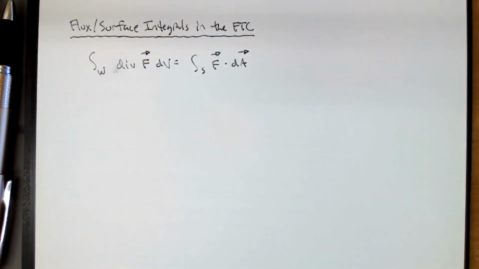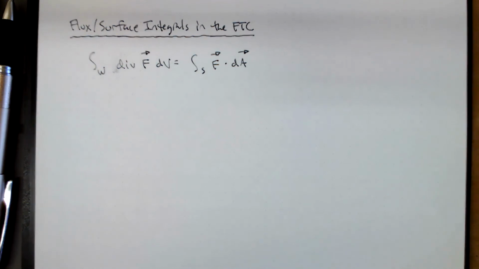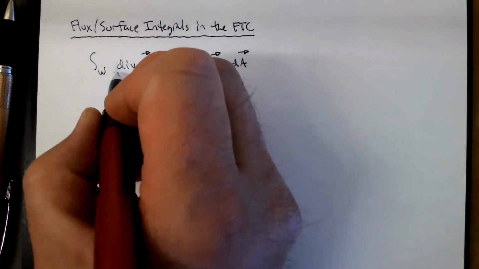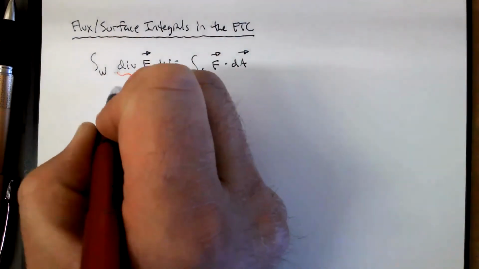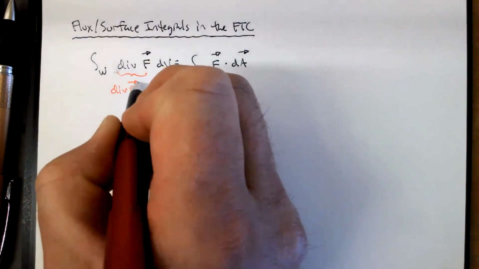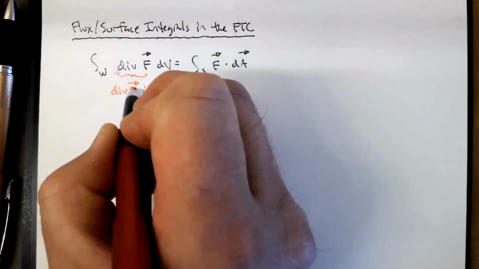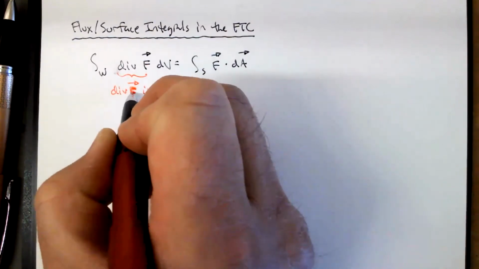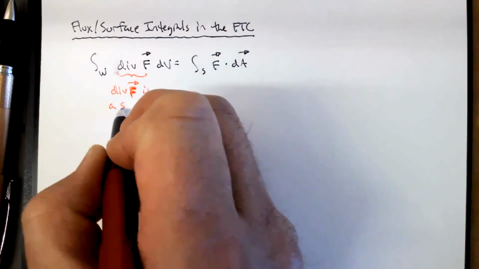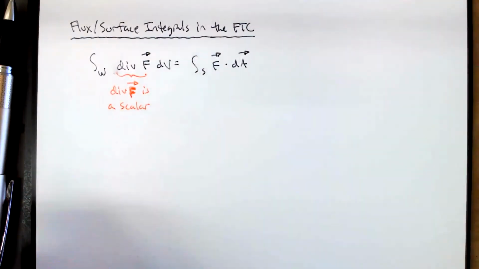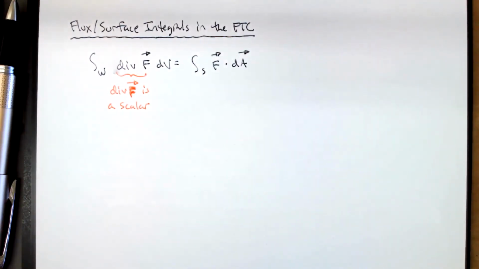So here's the divergence theorem. The integral over some solid W of the divergence of F times dV. Regular old multiplication, the divergence of F is a scalar.